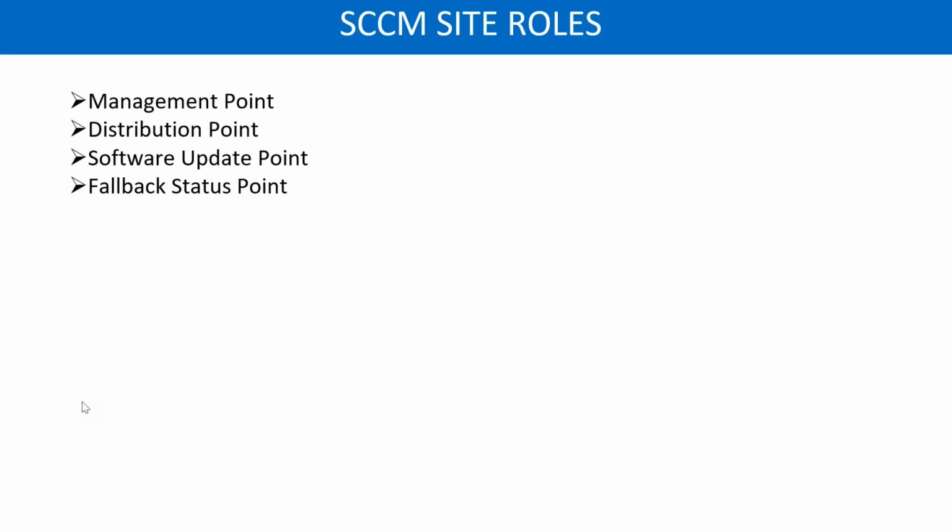Now, fallback status point. Fallback status point is basically to collect, let's say, you have your primary site here, right? And the primary site has a distribution point.